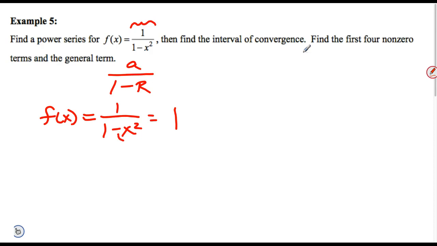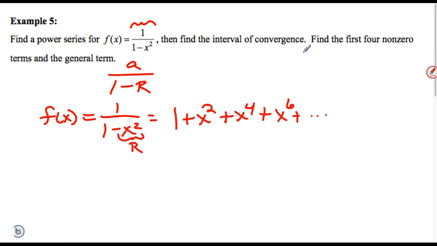X squared is my common ratio. So this is the r. I don't need to build it from the ground up. I just multiply 1 by r, and then by r again, and then by r again, and I've taken care of my first 4 non-zero terms, plus dot, dot, dot. That's easy, correct?